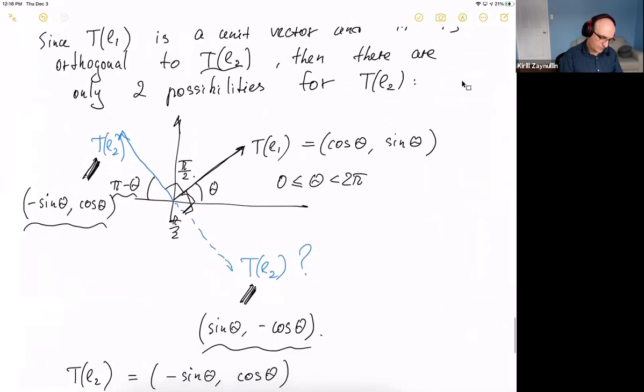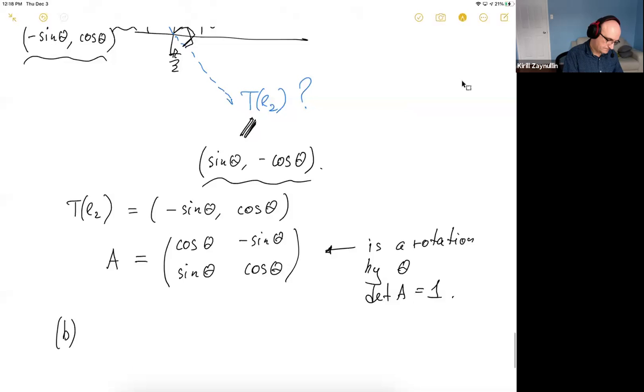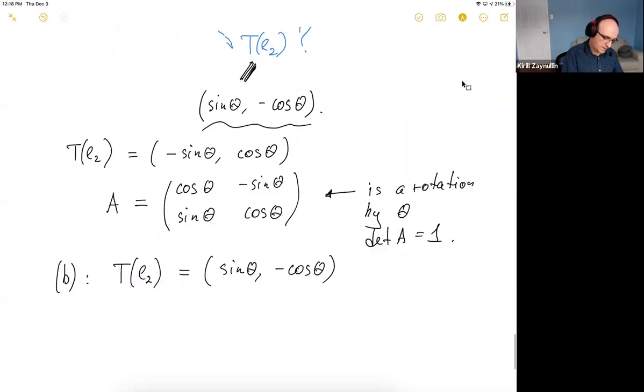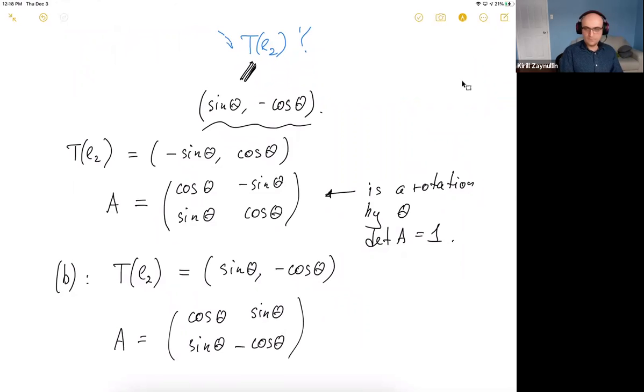And what about B? The B case you will get if you have the second option for T of E2, namely sine theta, comma, minus cosine theta. In this case, the matrix will be: the first column stays, however the second one changes its sign. So what's the determinant of this? The determinant of A is -1.